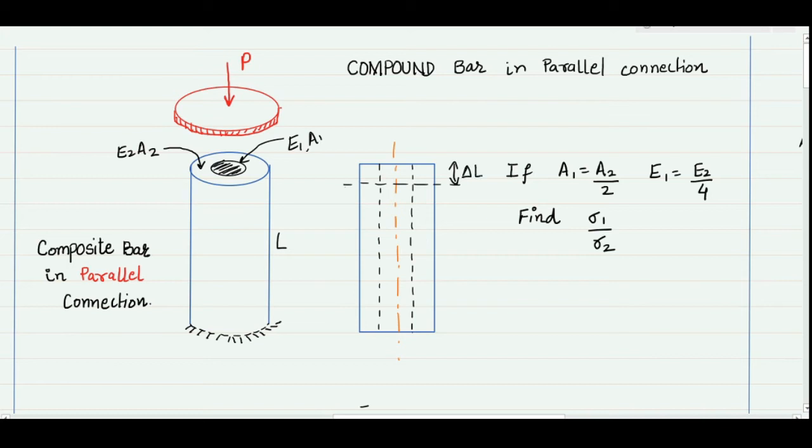That means the change in length for the two bars will be the same. This will give me the equation for the deformation, and I can write that del L1 will be equal to del L2. In case of force distribution, we don't know how much force is going to be distributed in the outer one, similarly in the inner one, but it is a fact that P is going to be balanced by P1 plus P2, where P1 is the force in the outer bar and P2 is the force in the inner bar.